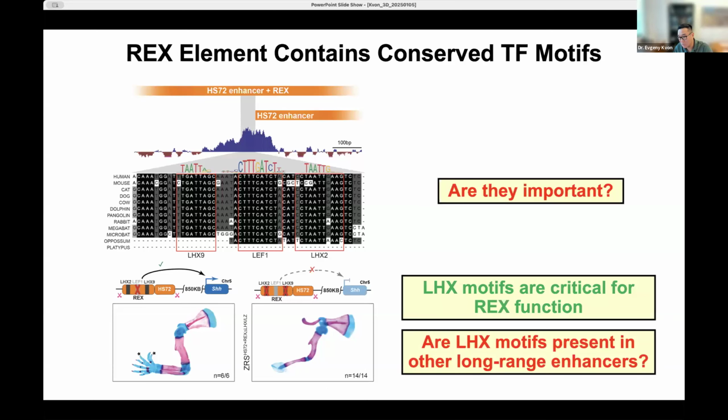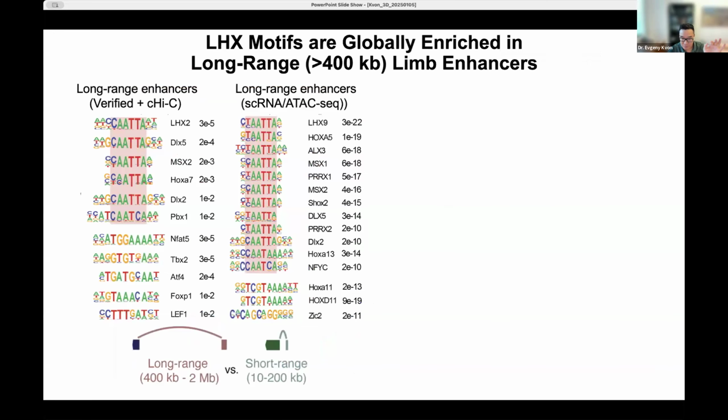And so, okay, are these motifs present also in other long-range enhancers, right? We looked at experimentally validated and predicted limb enhancers from our previous study and from other studies, and asked: are there sequence motifs that are enriched in long-range enhancers that are 400 kb and longer versus short-range enhancers?